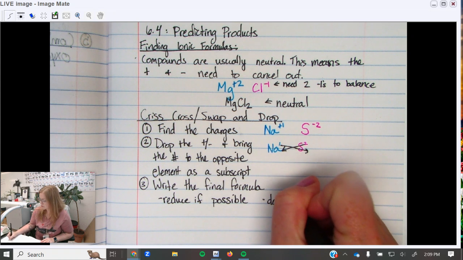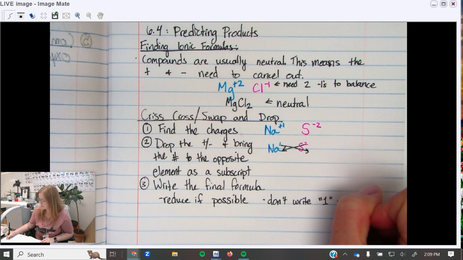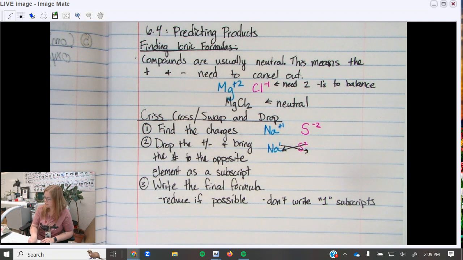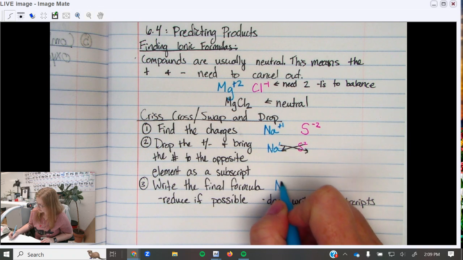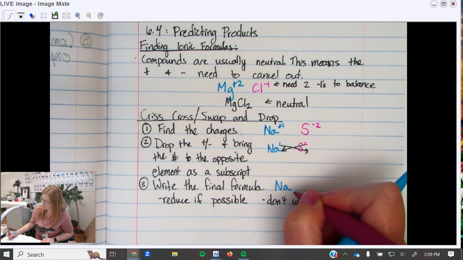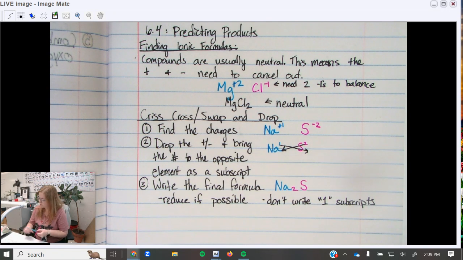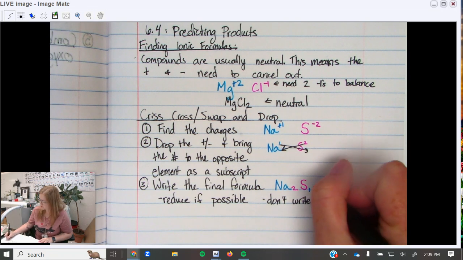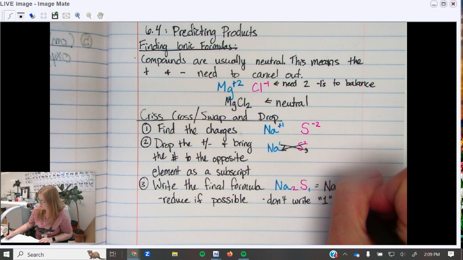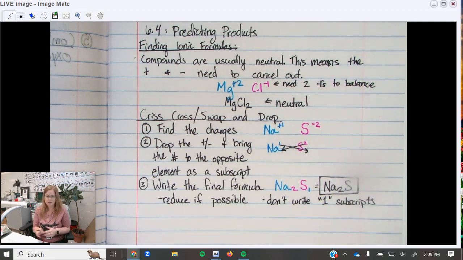So don't write 1 as a subscript. So I have my Na, and I brought the 2 down from the sulfur. And then I have my sulfur, and it had a 1, but I'm not going to write the 1 in my final formula. So I end up with Na2S. And that would be my final formula.